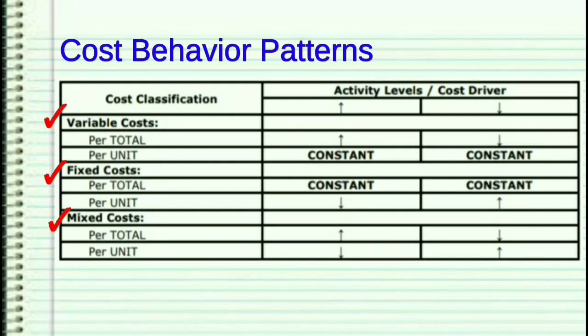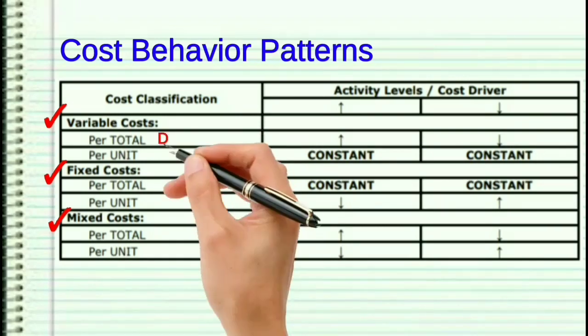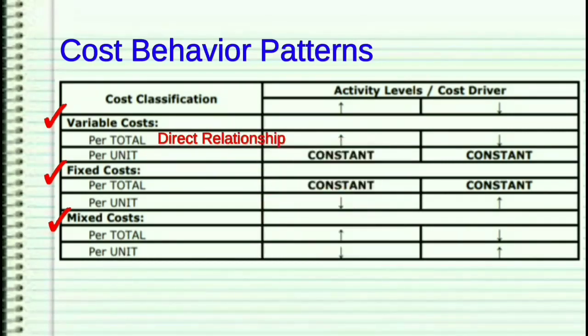Yan yung sinasabi natin na directly related. Kasi kung anong nangyari, kung ano yung change dun sa activity level or cost driver, ganun din yung change sa variable cost per total. So, ang relationship ng variable cost per total dun sa activity level or cost driver ay direct relationship.